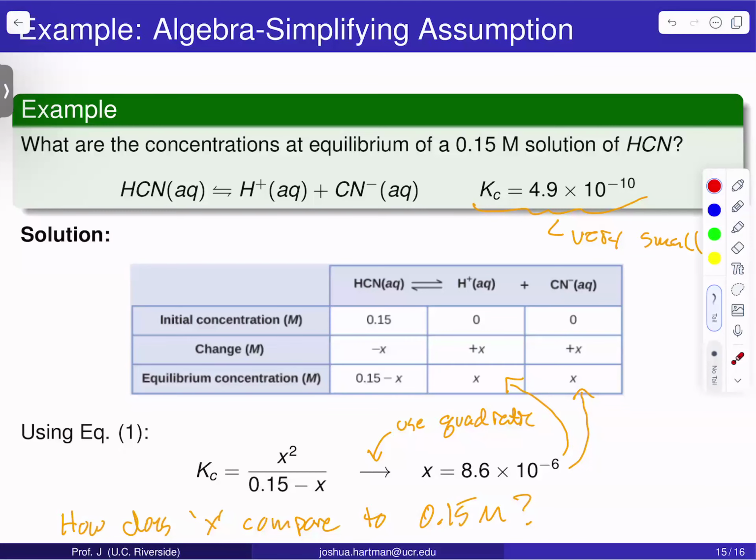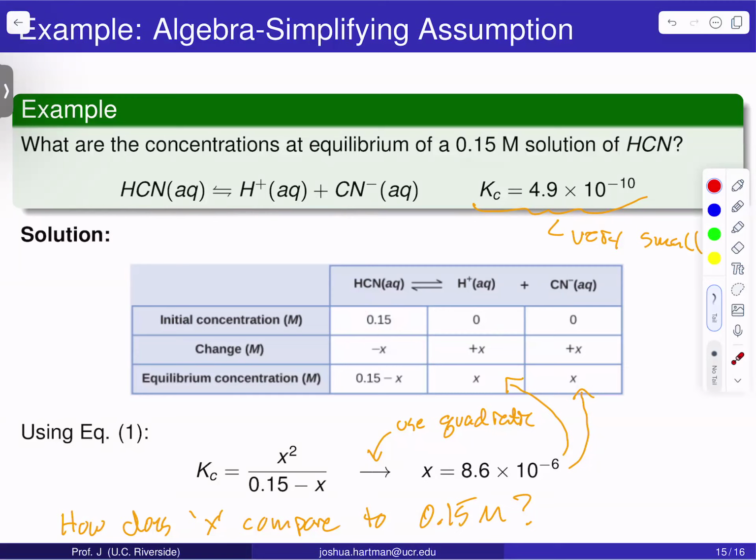All right, so to see this in action, let's consider a situation where we have a very small Kc. So HCN deprotonating here, we have a Kc value of 10 to the minus 10, so very small. If you have a 0.15 molar HCN solution, it's going to start deprotonating.